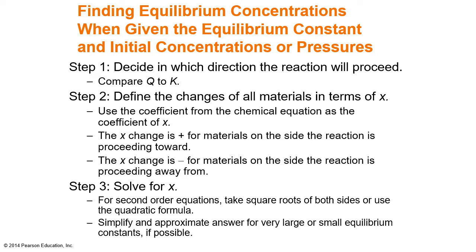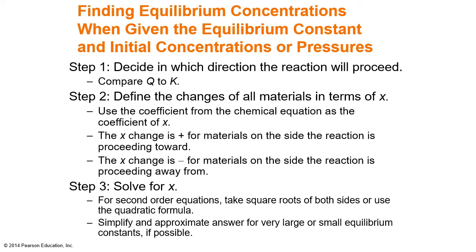Once we know which direction the reaction is going to proceed, we're then going to define the changes of our reactants and products in terms of X. We're going to use the coefficients from our balanced chemical equation as the coefficients for X in our ICE table.